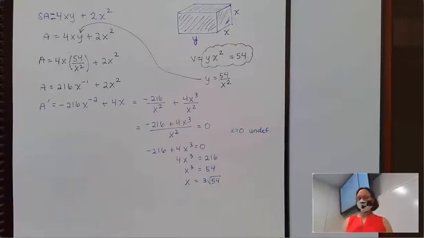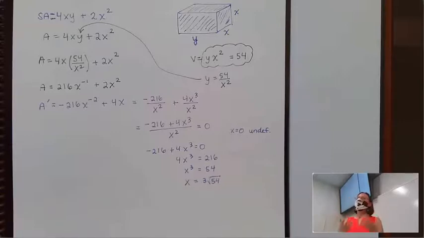This is where, when we're doing these optimization problems, right? When we were doing this as an increasing, decreasing relative max min thing, we would find that and then get a number line or a sign chart and have these test points. The nice thing about doing optimization problems is because of our real world context, we can think about this actually as an absolute maximum or minimum problem.